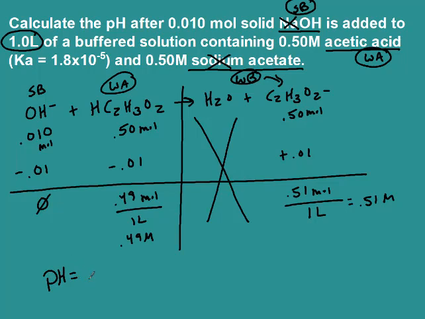I say my pH is equal to my pKa plus log of base over acid. My base is 0.51 and my acid is 0.49. Notice I have more base than acid, so my pH should be slightly greater than my pKa.